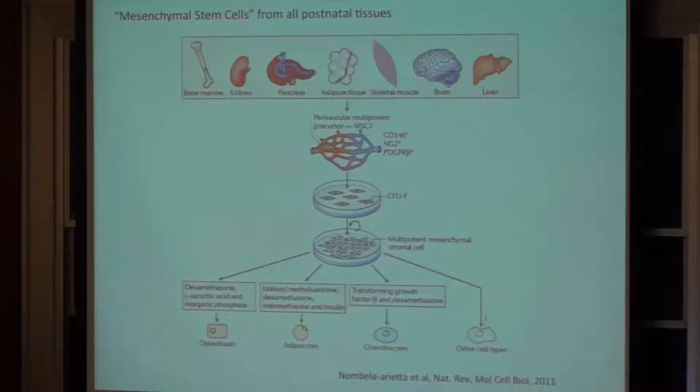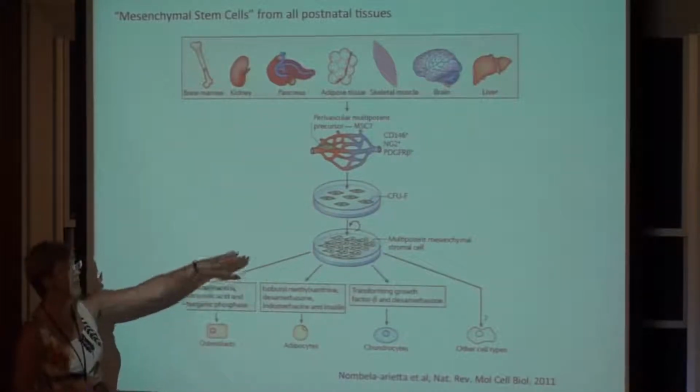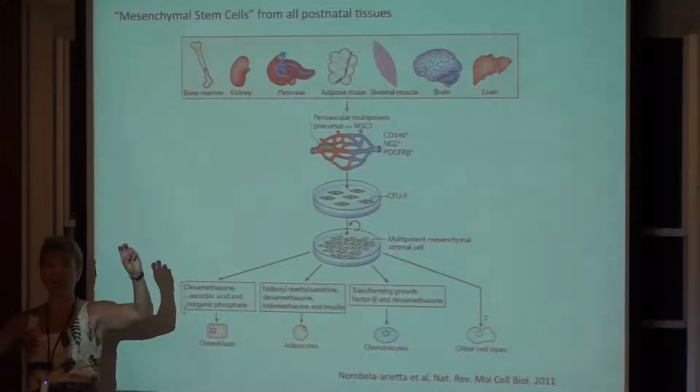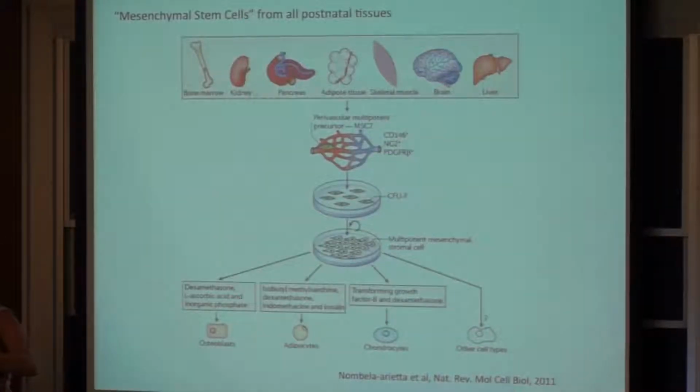There are adipose-derived stem cells, where you get liposuction. You can isolate stem cells that have many of the same characteristics as the ones from bone marrow. So there's now tremendous interest in what the similarities and differences are among these so-called mesenchymal stem cells that come from different tissues.